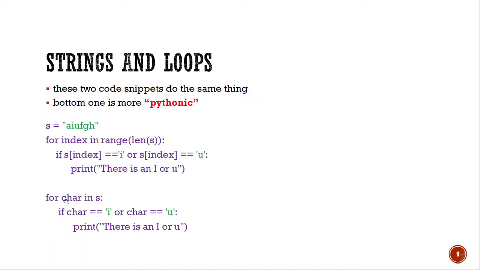Or we can do it in a more Pythonic way by iterating over the characters of the string. So in this case, we say for char, which is a variable, in the string s, if the character is i or u, then we print this statement.